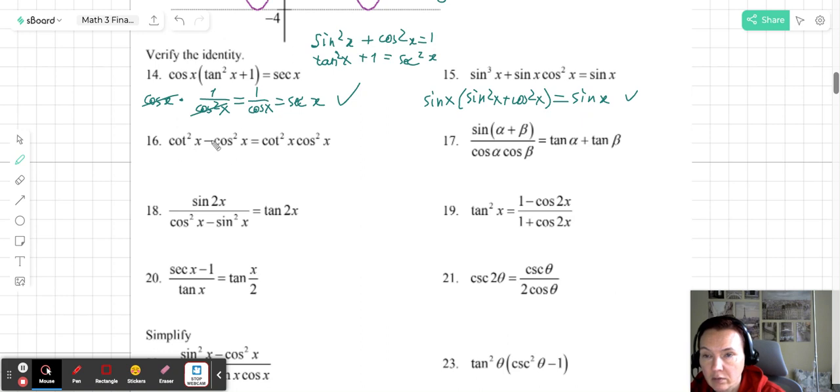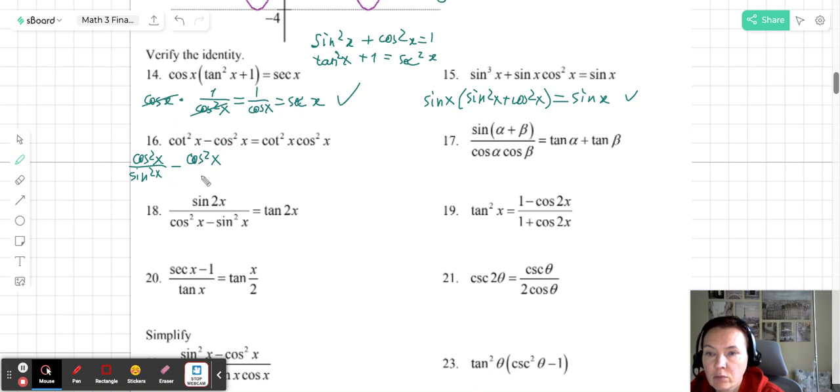All right, over here, let's see what we can do. I don't see any specific identity, so I'll probably just convert cotangent squared into cosine squared x over sine squared x. And then I'm subtracting cosine squared x.